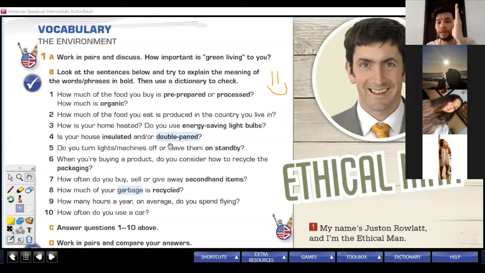It has one glass here, a very thick one, and another very thick glass right here, that prevents sound, or that is very hard to break, right? So that is a double pane. In Spanish, I don't remember exactly the meaning, I'm going to look it up for you, but I think it's like doble cristalización.